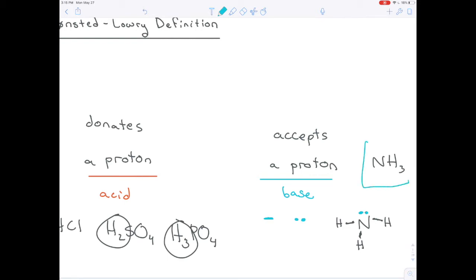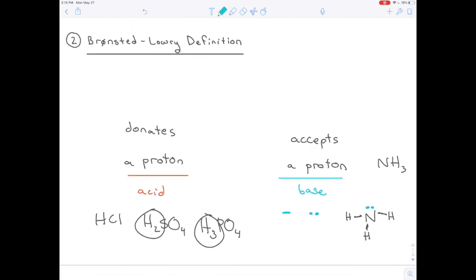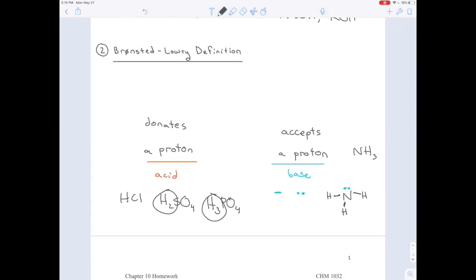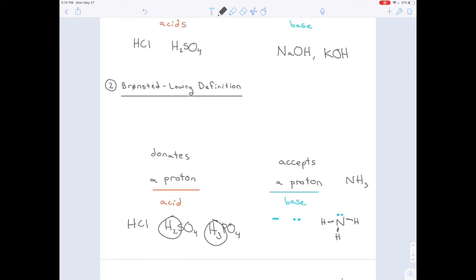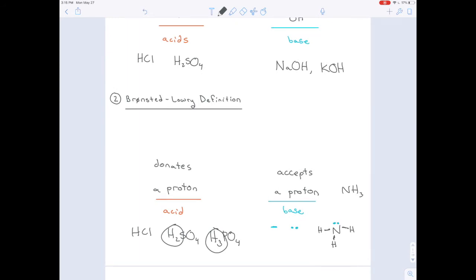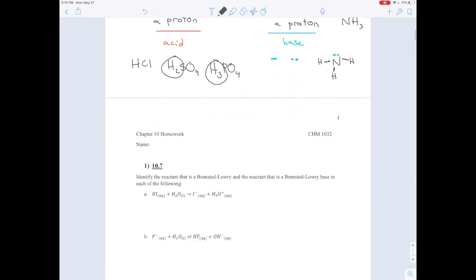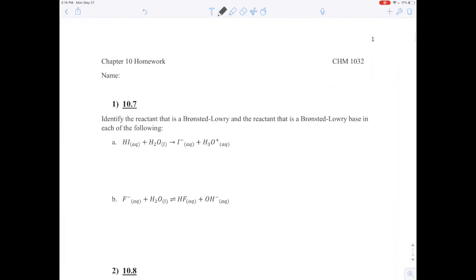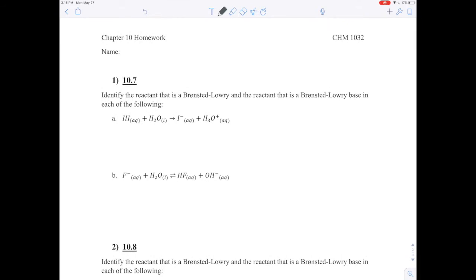So NH3 is the poster child for a Bronsted-Lowry base. But anything that has a negative charge or that has a lone pair would be an example of a Bronsted-Lowry base. So this is what a Bronsted-Lowry acid and base are, and hopefully now we can go back to this question and understand better what it's asking.